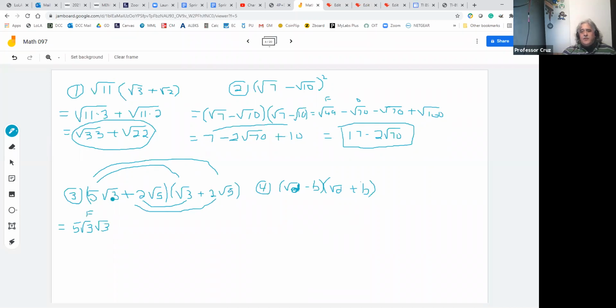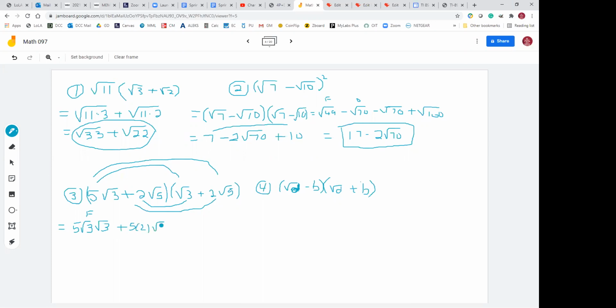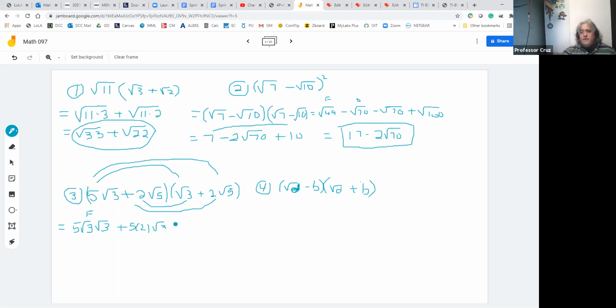So 5 square root of 3 times square root of 3. Outside is 5 times 2. And square root of 3 times square root of 5 inside, 2 times 2.